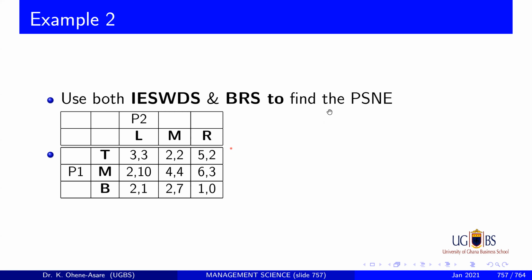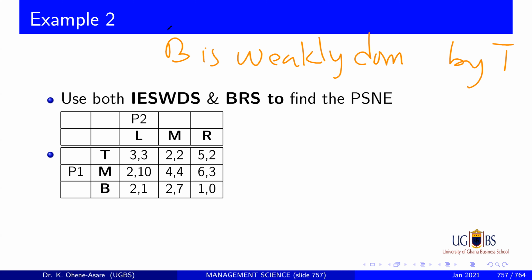You can see that we don't use the word preferred here. Domination is what we use. So you've got to be clear which kind you are dealing with. You have to say whether T dominates B or B dominates T, or T is dominated by B or B is dominated, and then what kind of domination. So this one, you can say that B is weakly dominated by T. Why?